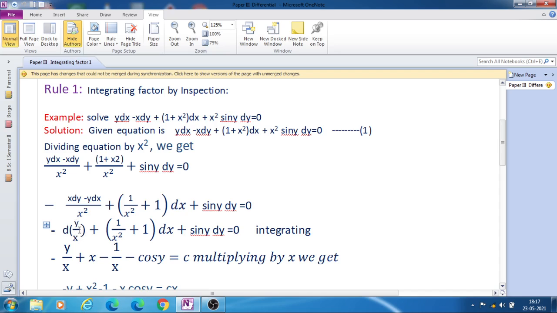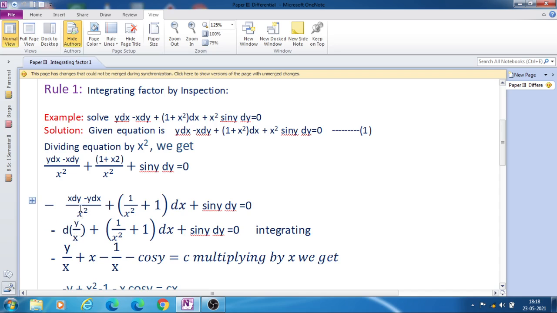You take the derivative of y upon x by using the rule of u upon v. The derivative of u upon v is (v into derivative of u minus u into derivative of v) upon v square. So this is v is x, this is u is y. So x into derivative of y is dy, minus y into derivative of x, which is dx.